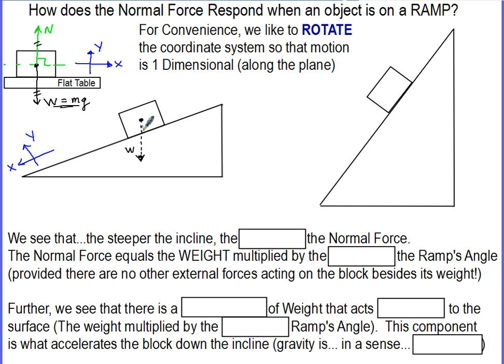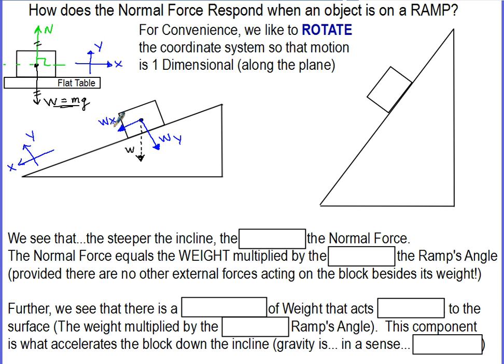That weight force needs to be changed into a component that lies along my y-axis. I'm going to call that w sub y. And also a weight force that acts parallel to the ramp surface, which would be the projection of the weight onto my new x-axis. I'm going to call that w sub x.